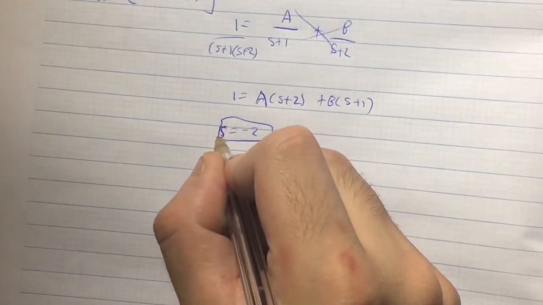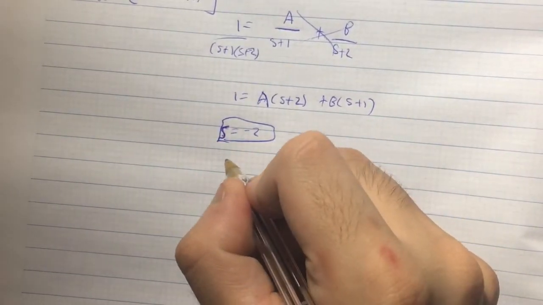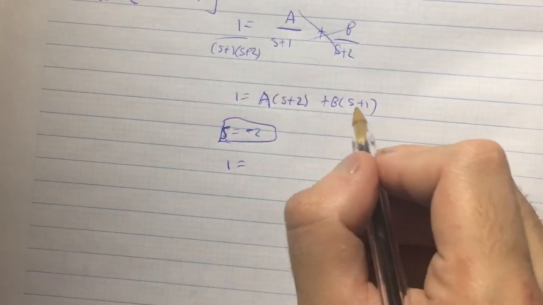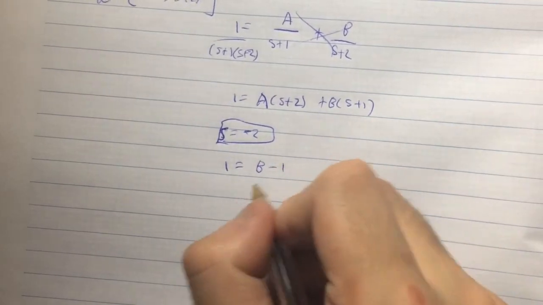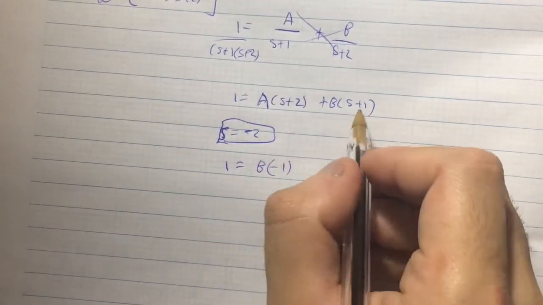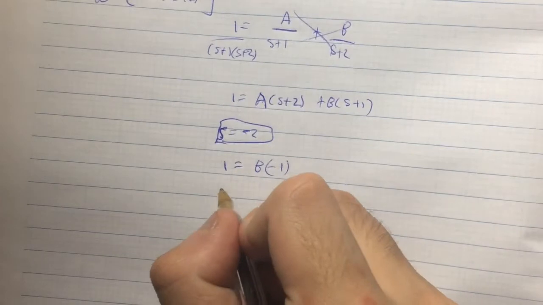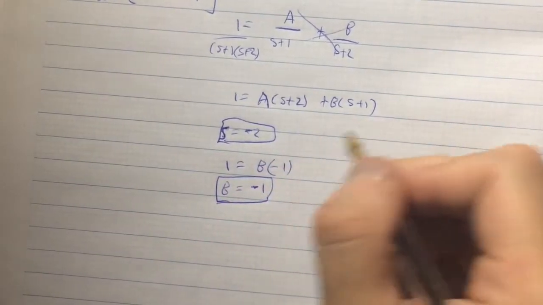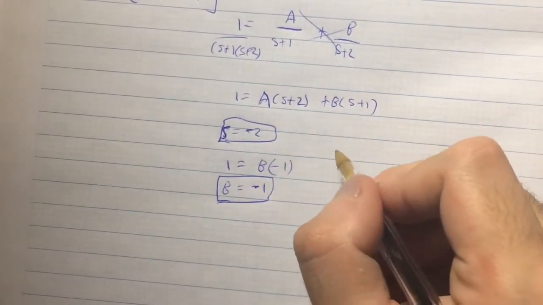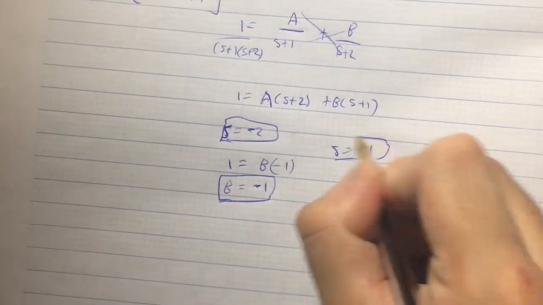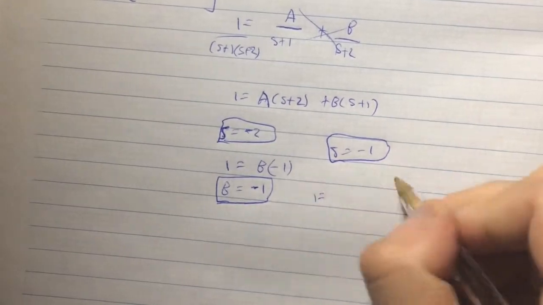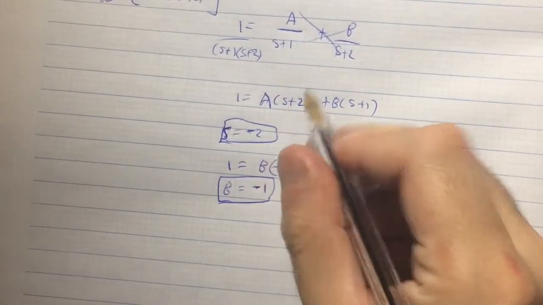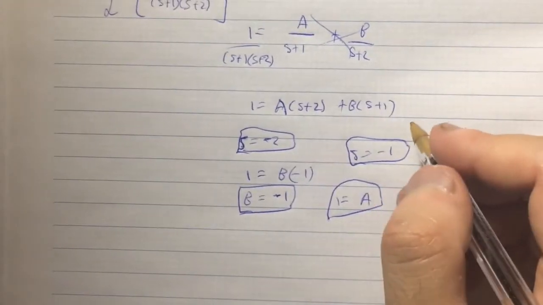So 1 is therefore equal to, because s is equal to -2, B times -1, because -2 plus 1 is -1, so B is equal to -1. Now we can find out what A is, so we let s equal -1. So 1 is equal to A, because -1 plus 2 is 1. So we have our values.